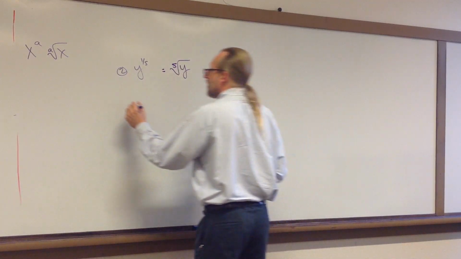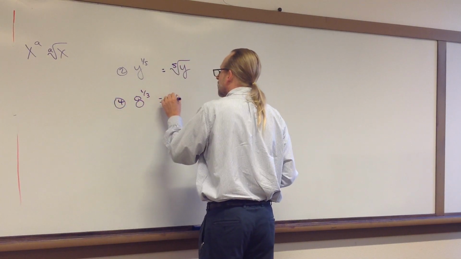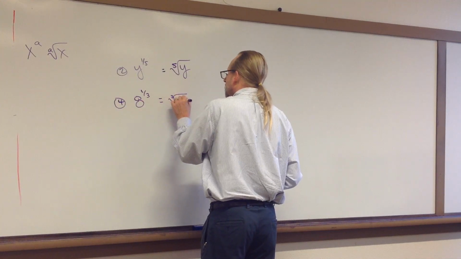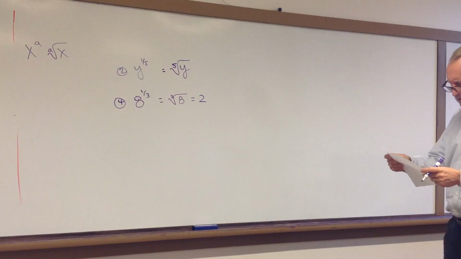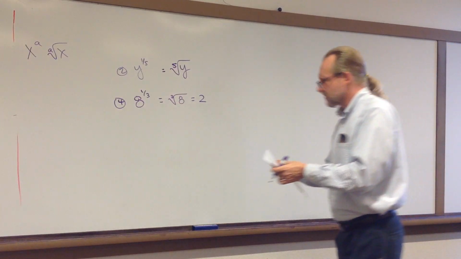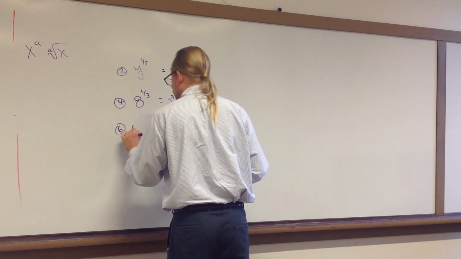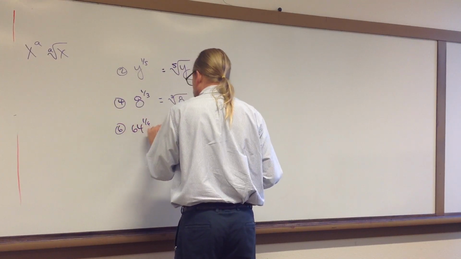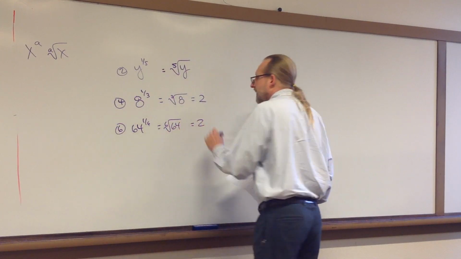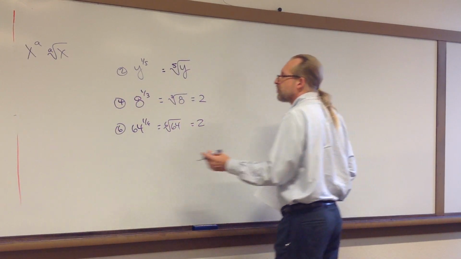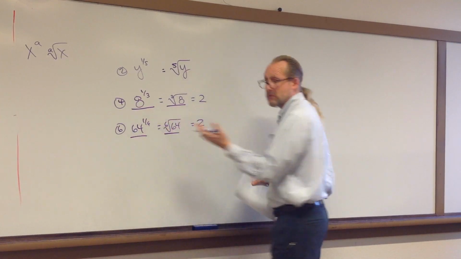Problem 4, we've got 8 to the 1/3 power. That's the cube root of 8, and we can go ahead and solve that and call it 2 if we want to. Same thing is true of problem 6. This is 64 to the 1/6 power. So that's the 6th root of 64, and that ends up being 2. The important thing here is the notation, understanding that this and this are the same thing.